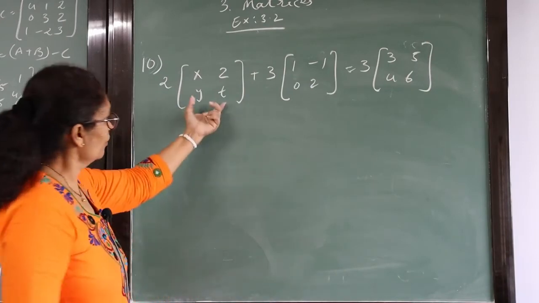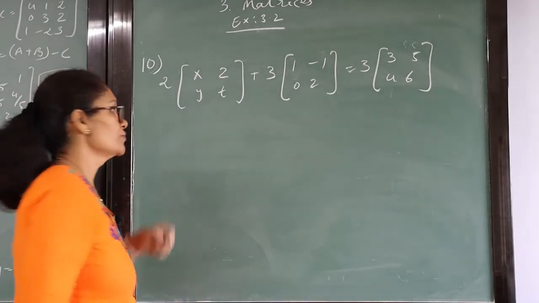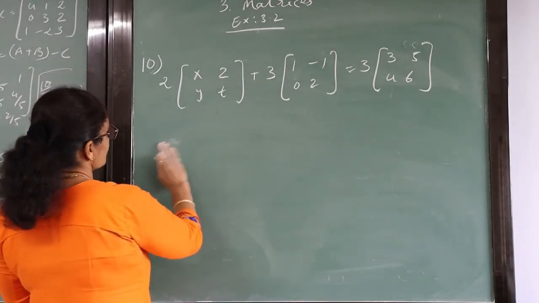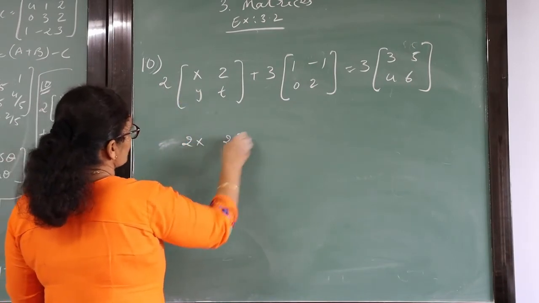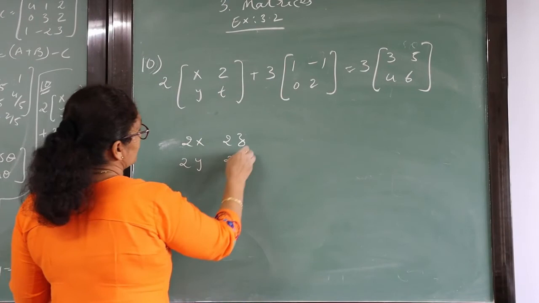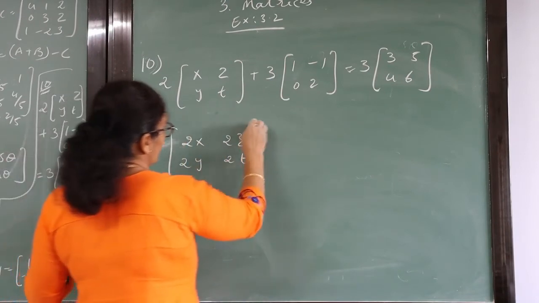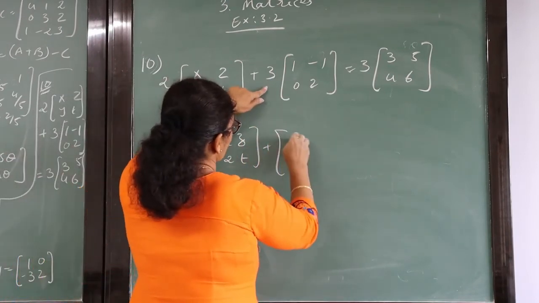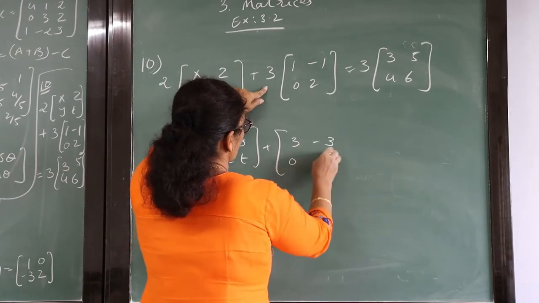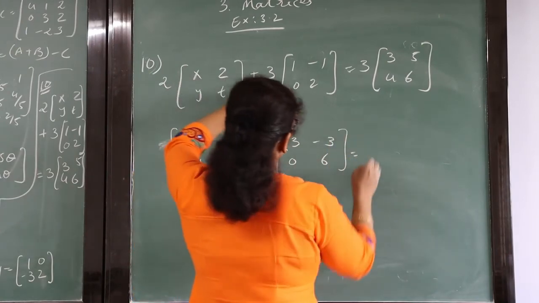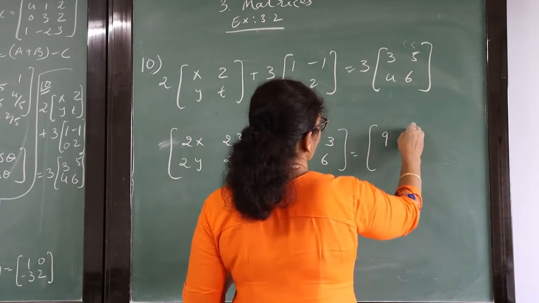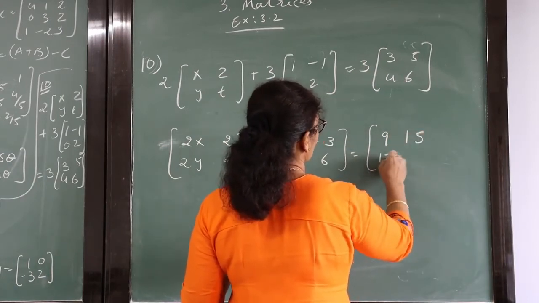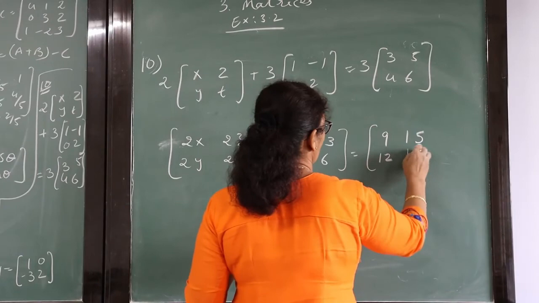Now we have to find all these constant terms. So let's see, first we will start, we are taking 2 inside. Here we are taking 3 inside. So 3 minus 3, 0 and 6. 3 2s are 6. Here we are taking 3. 3 3s are 9, 5 3s are 15, 4 3s are 12 and 6 3s are 18.